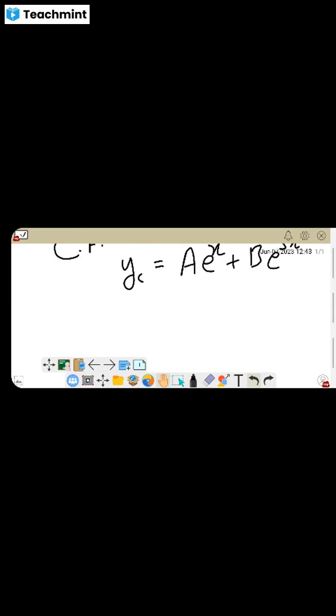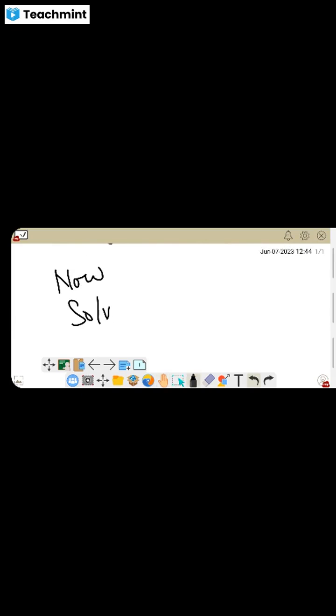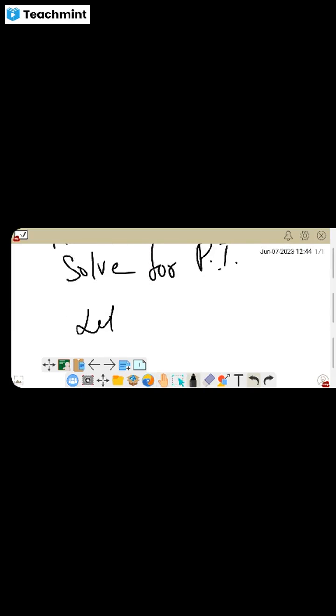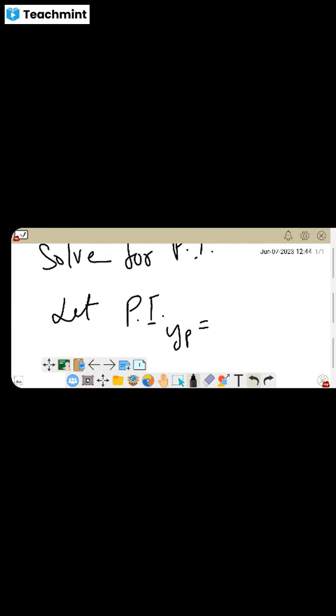Let yp be equal to c into e to the power, as we have on the right side of the equation.